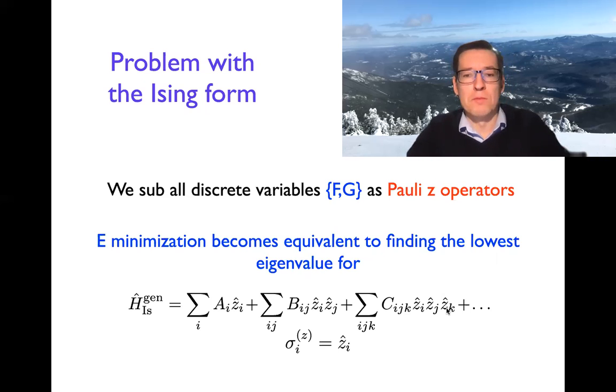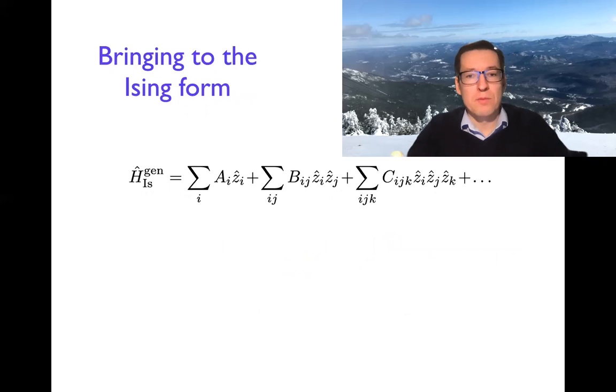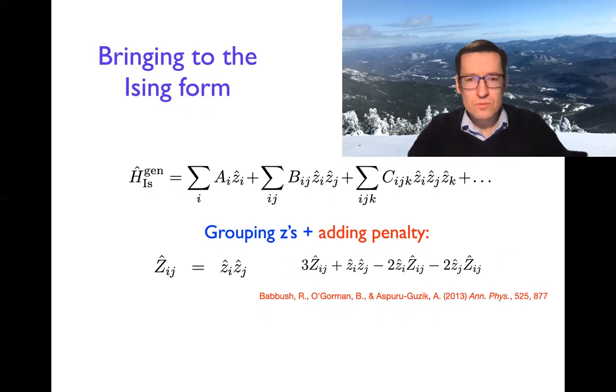And now the problem is, how do we make an Ising Hamiltonian out of this generalized Ising? Turns out this is possible too if you do the grouping of some z's. So if you take two z's and make a fictitious new qubit, the big Z, ij.